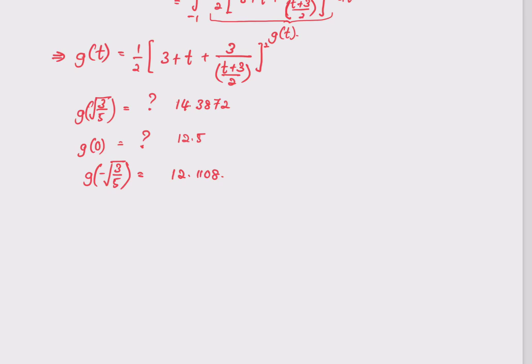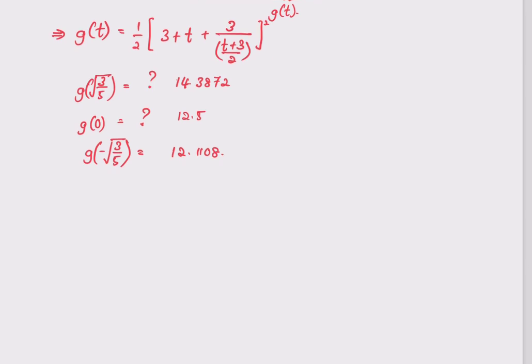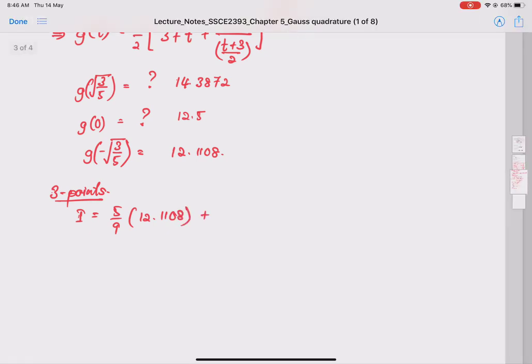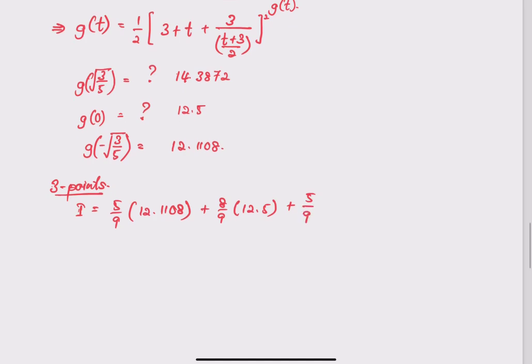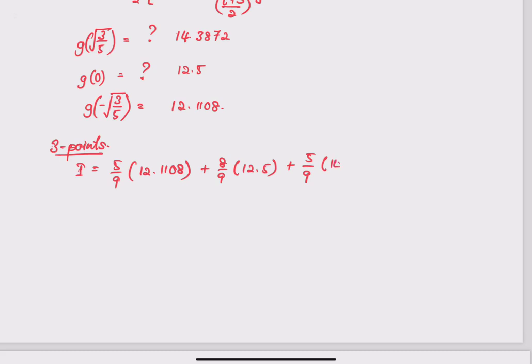Now if you want to use the 3-point Gauss quadrature formula, your integral is equal to 5/9 multiplied by 12.1108, plus 8/9 multiplied by 12.5, plus 5/9 multiplied by 14.3872.